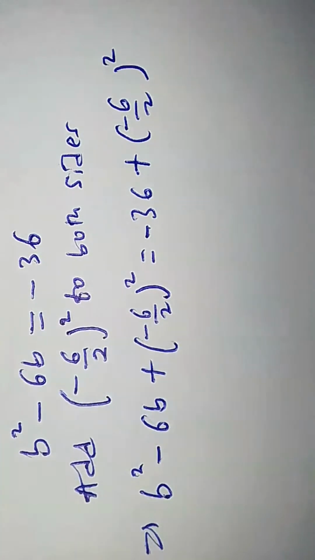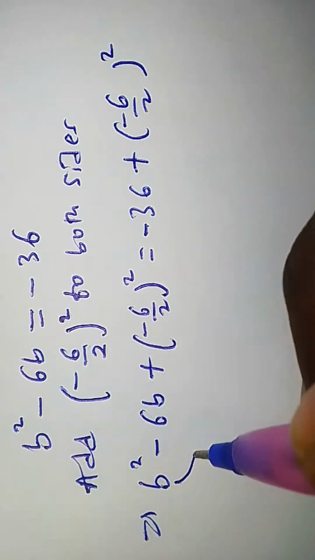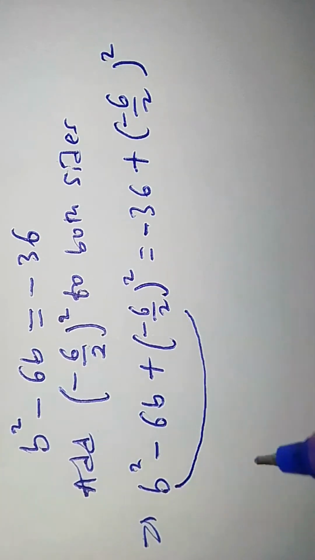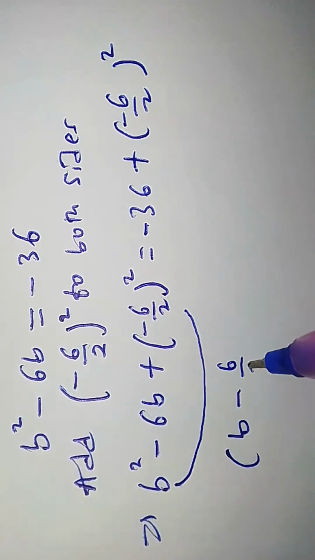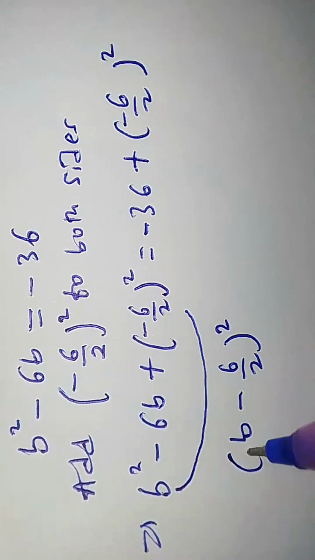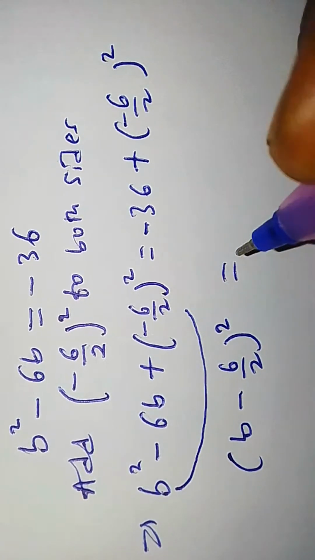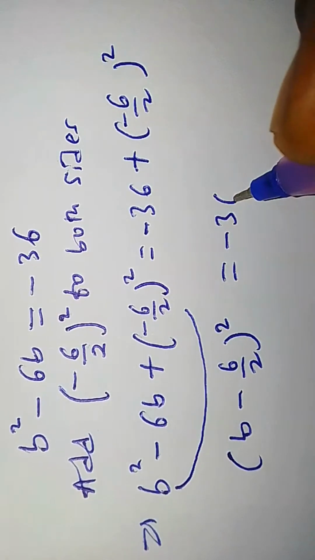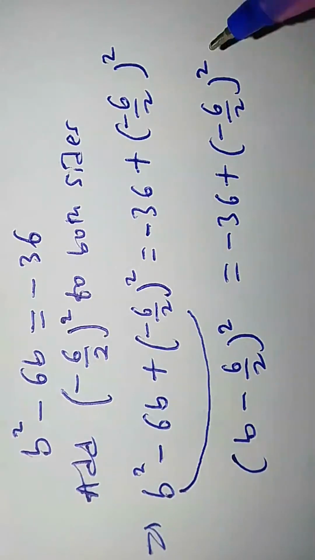Now, to combine this, we're going to write b minus 6 over 2 all squared. When you expand this, you will have this left hand side back. This equal to minus 36 plus minus 6 over 2 all squared.